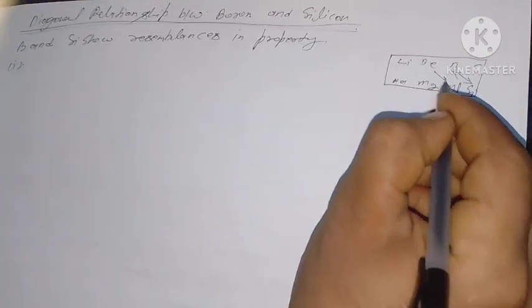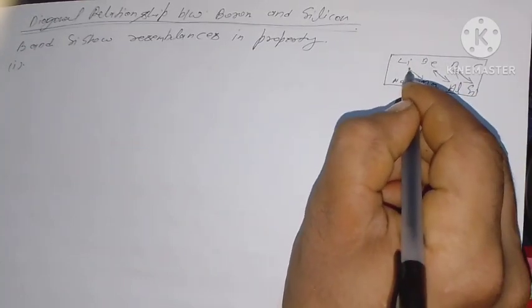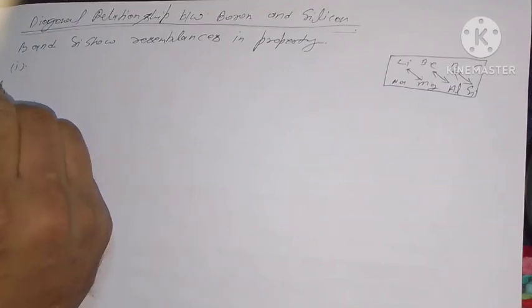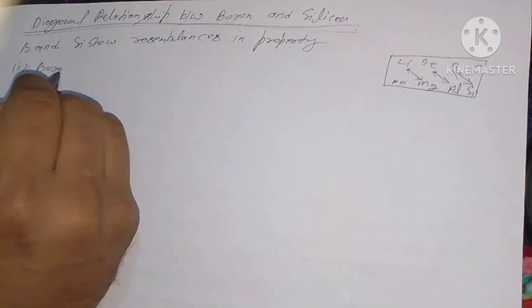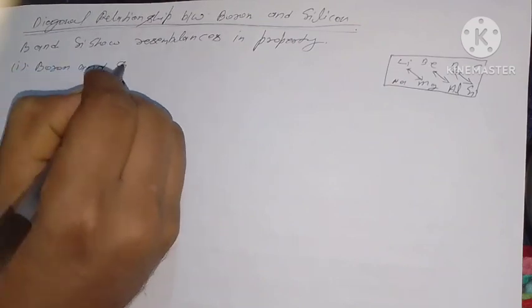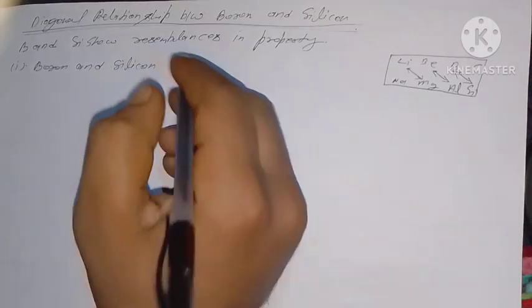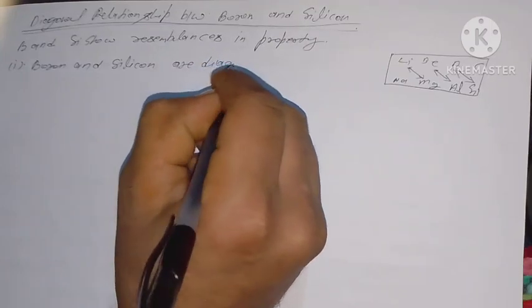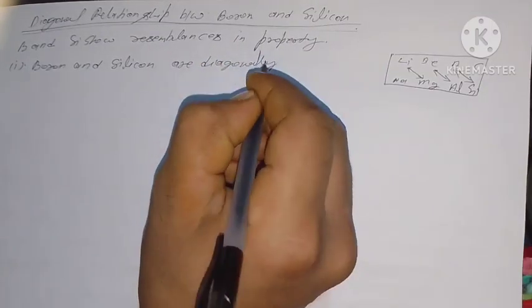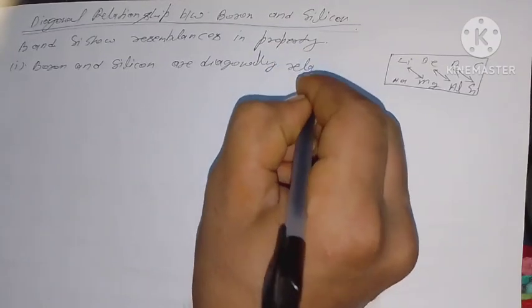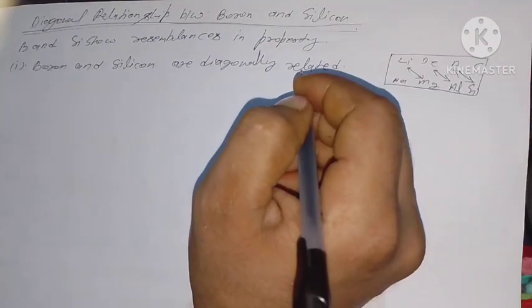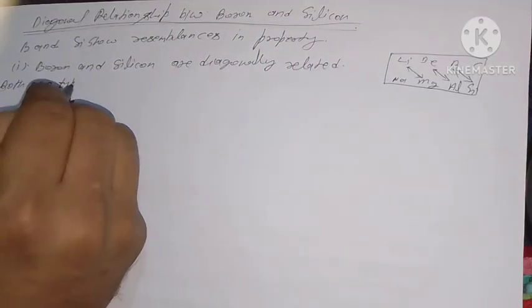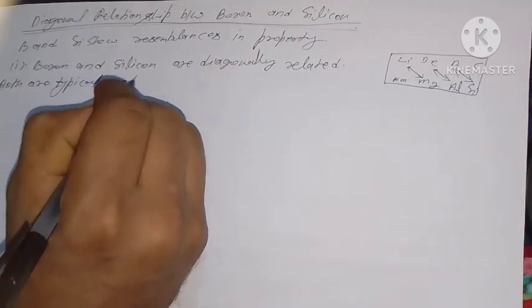Boron and silicon are diagonally related. Both are typical non-metals.